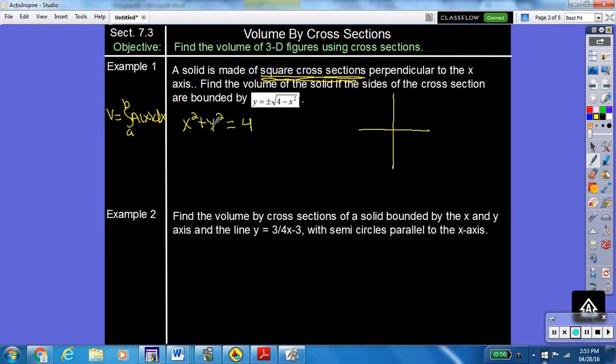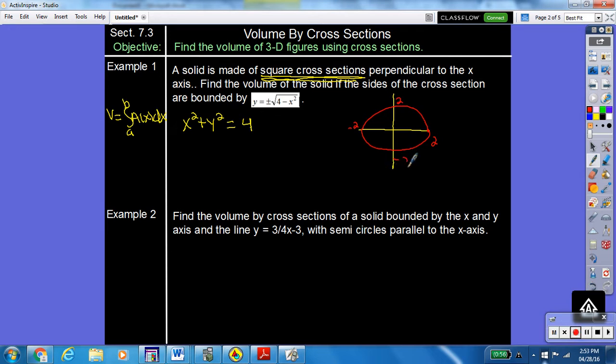If I try to solve for y, I get exactly this equation that I have here. The positive square root is the top, the bottom would be the negative, of a circle. So it creates a circle with radius 2 because 4 is r squared.